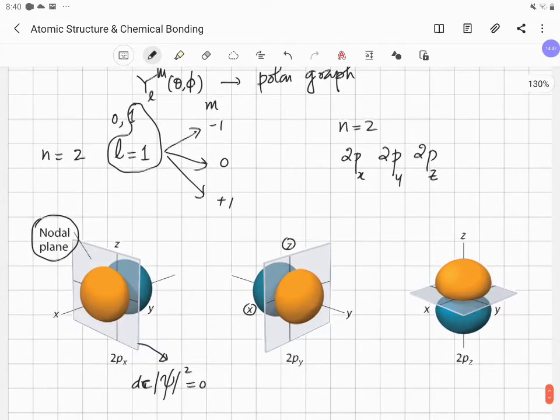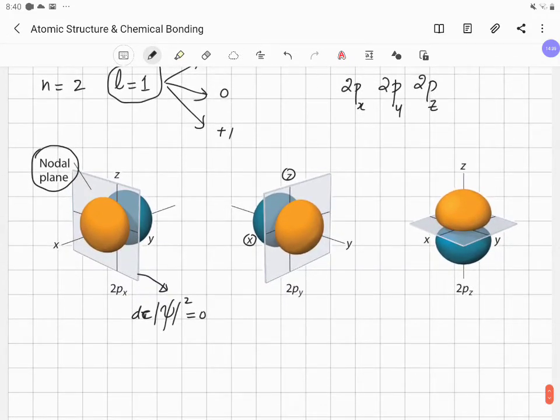Not node, we usually say it as a nodal plane. So for 2py also, there is one nodal plane. Now for the pz orbital, similarly, there is one nodal plane.